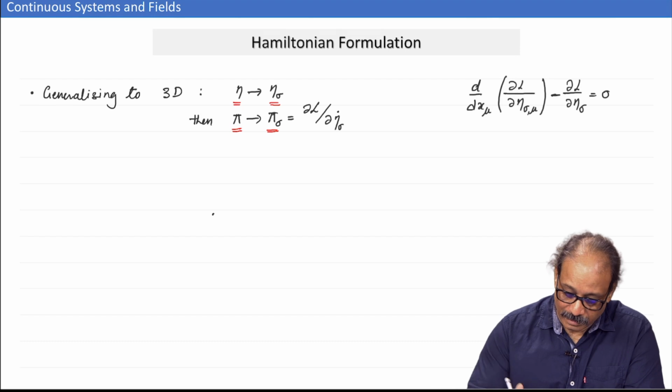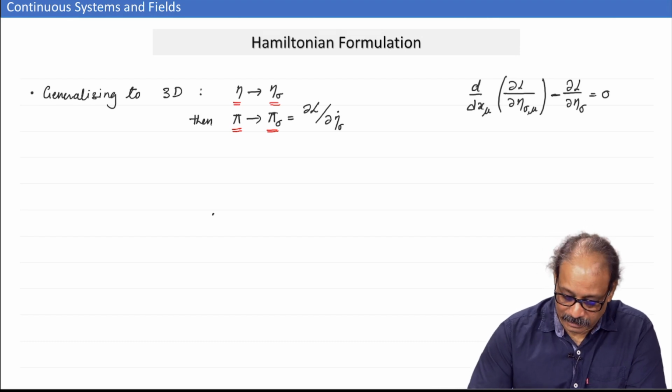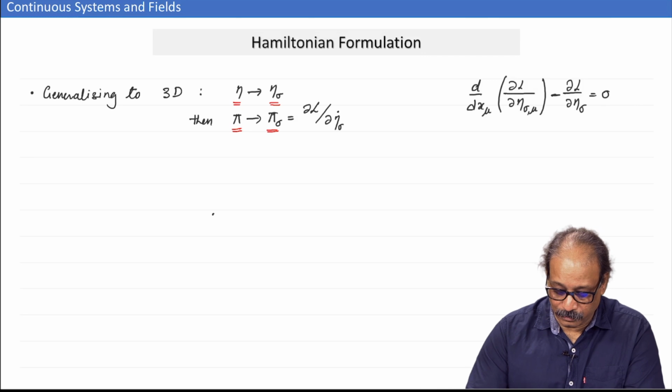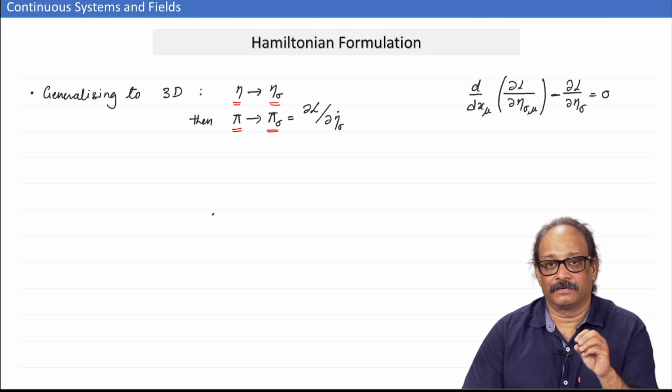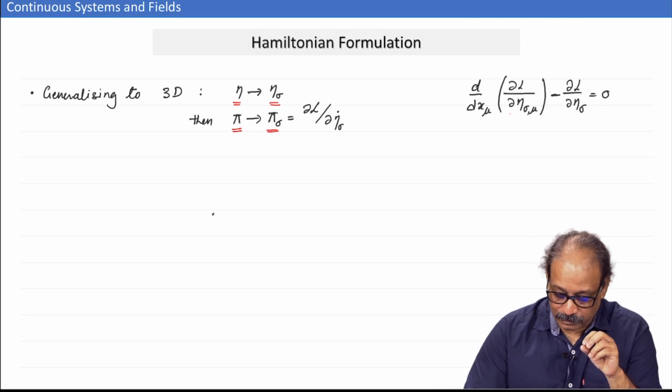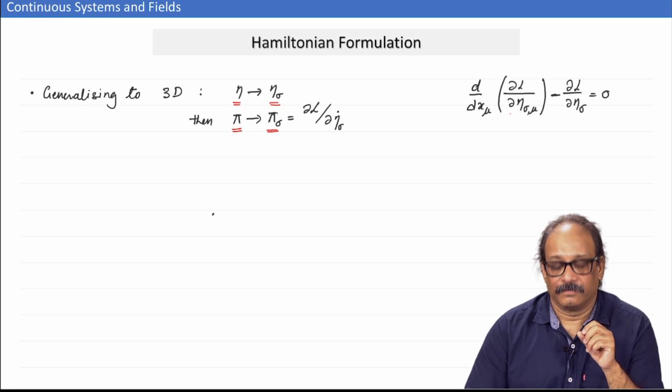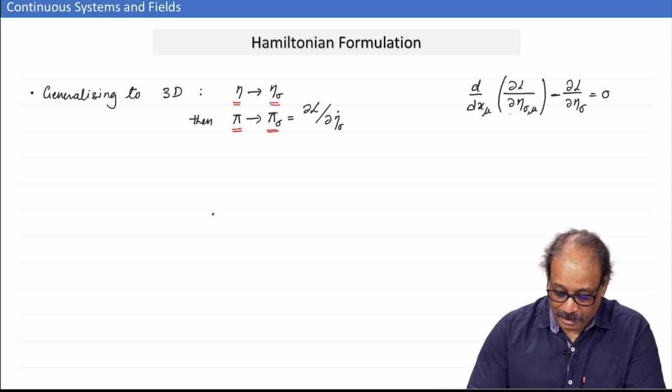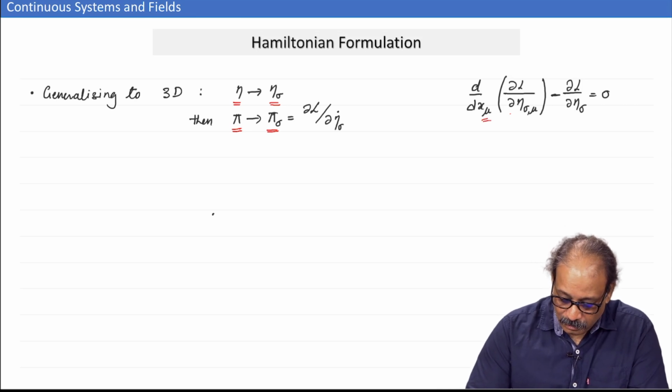And I will write here the Lagrange's equations. Remember, it was d over dx mu of the partial derivative of the Lagrangian density with respect to eta sigma comma mu, minus the partial of L with respect to eta sigma. And remember, there is a summation here over mu.